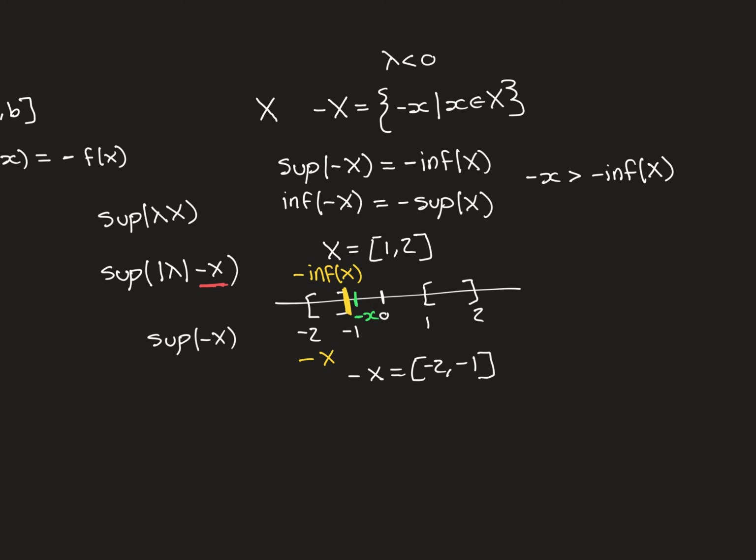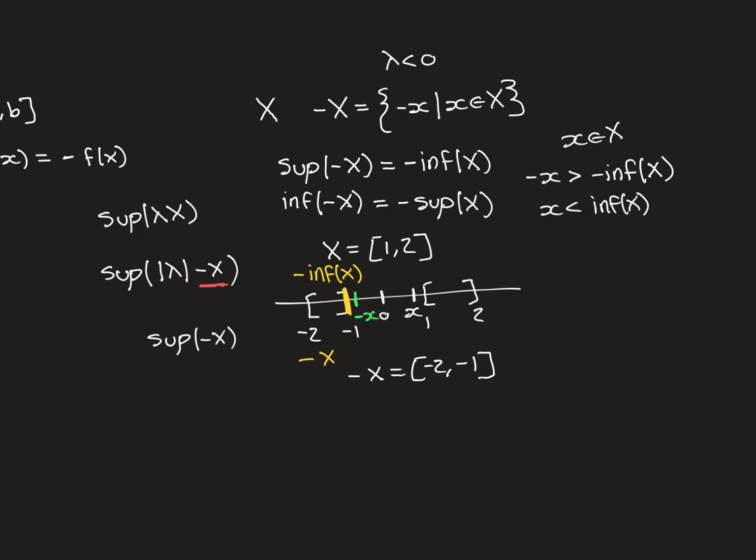Now, of course, what we can do is just multiply both sides through by minus 1, which will flip the sign of the inequality. So we'll then have little x is less than the infimum of x. So its corresponding element back in the original set, the element little x, which is guaranteed to be in big X, is now of course going to be strictly less than the infimum of x, which is a contradiction because this is a lower bound for the set capital X and little x is in that set.